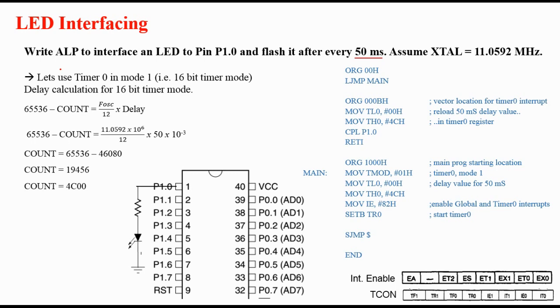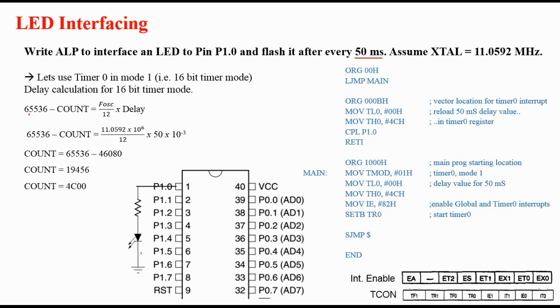After reaching FFFF, the timer will overflow to 0000. Due to this overflow, it will generate an interrupt if interrupts are enabled. By using this feature of timer 0, we can generate a delay of 50 milliseconds.